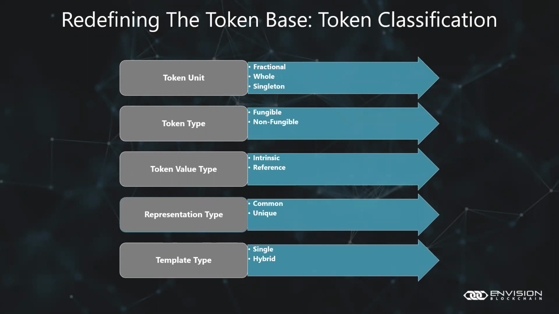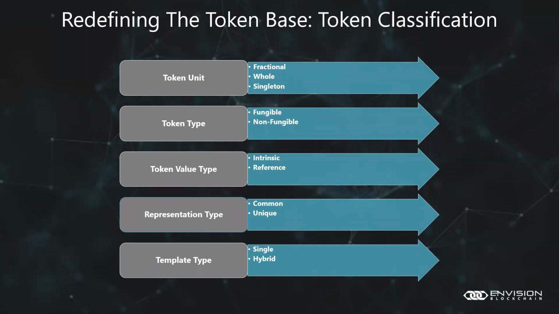For example, cryptocurrencies can have intrinsic value, as opposed to a reference token, where a reference value type would literally refer to a physical good or a physical asset in the physical world.